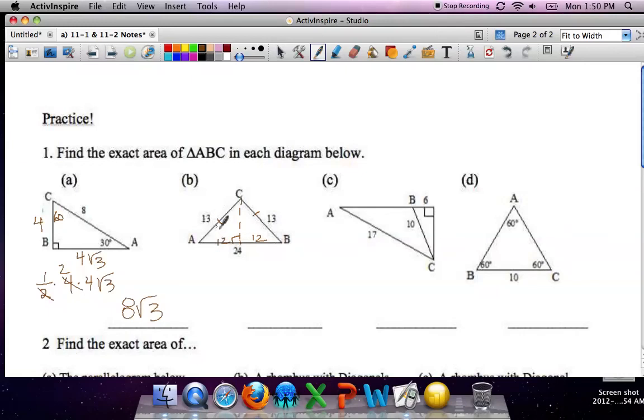If you take 13 squared, subtract 12 squared, you'll get 25. The square root of 25 is 5. So this has a height of 5. So the area of this triangle will be 1/2 5 times 24. 5 times 12 is 60. 60 units squared.